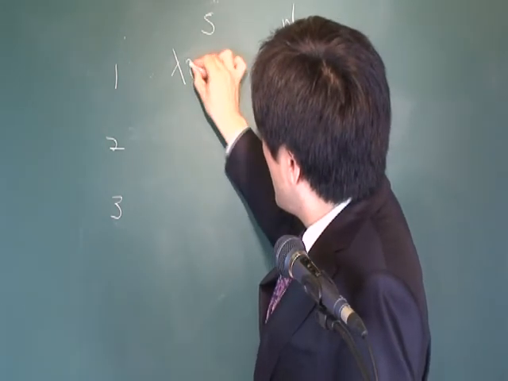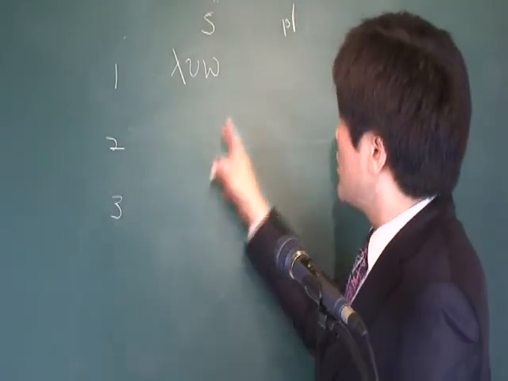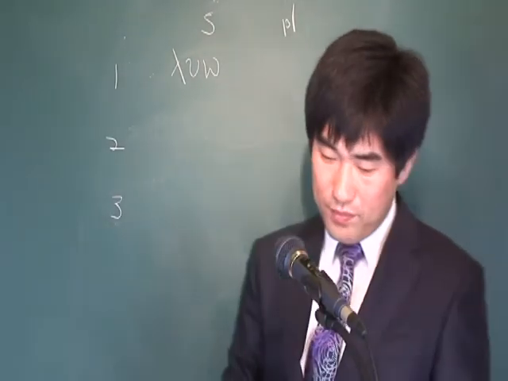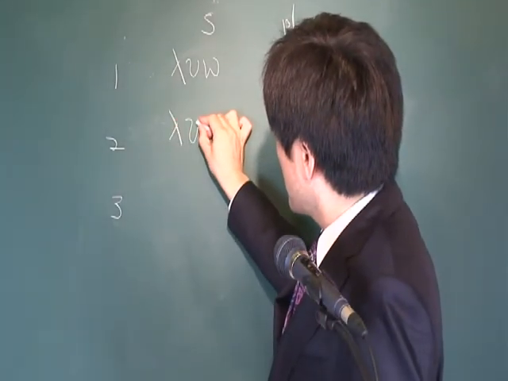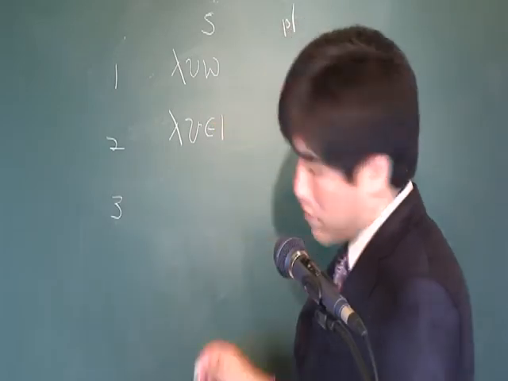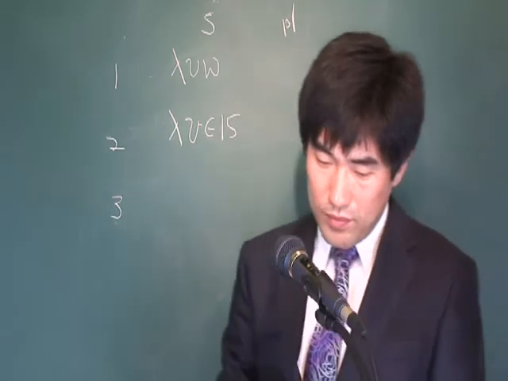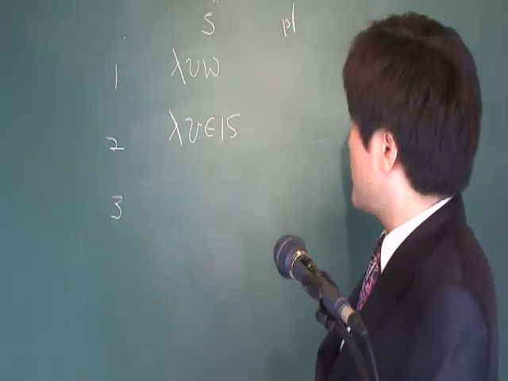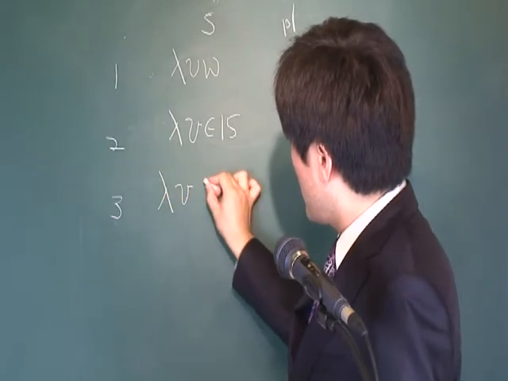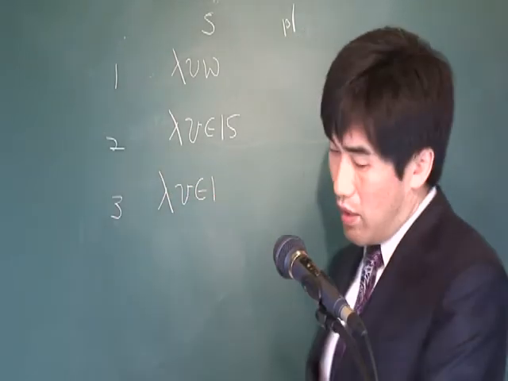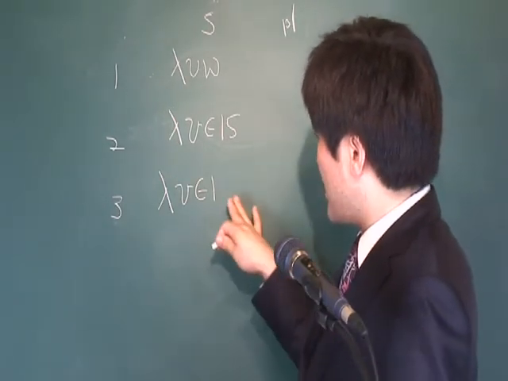First, the first person singular form. Blepo. Next, the second person singular form. Blepeis. Blepei.